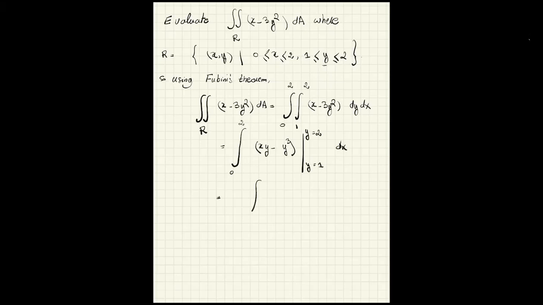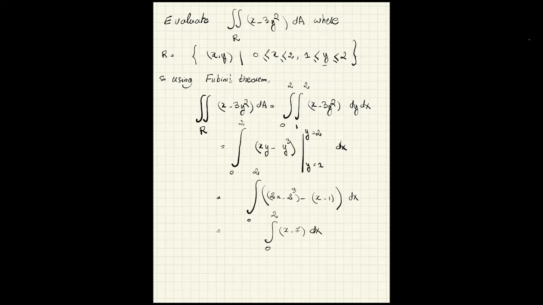Now, the integral from 0 to 2, what is this? So now we compute. Just compute this thing. It's 2x minus 2 cubed minus x minus 1, right? dx, which is equal to the integral from 0 to 2 of x minus 7 dx, okay?